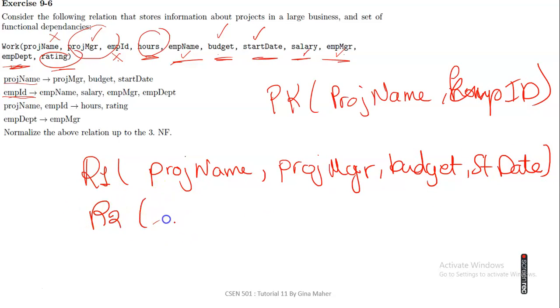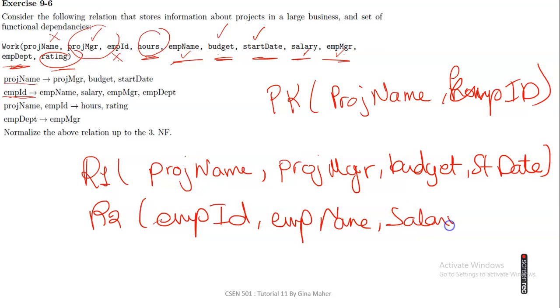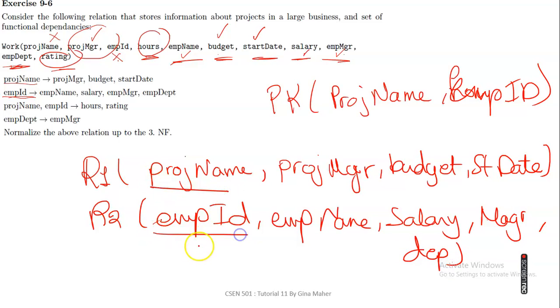R2: employee ID with the employee name, salary, manager, and department. Right, this is the primary key and this is the primary key.